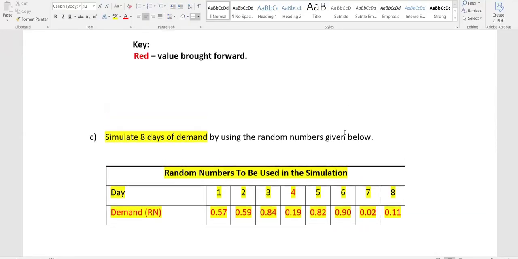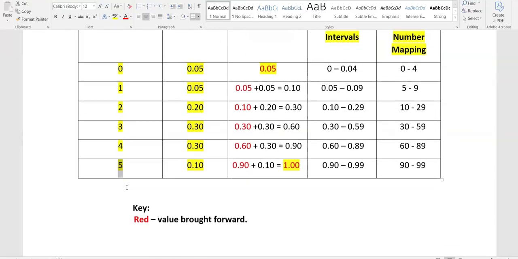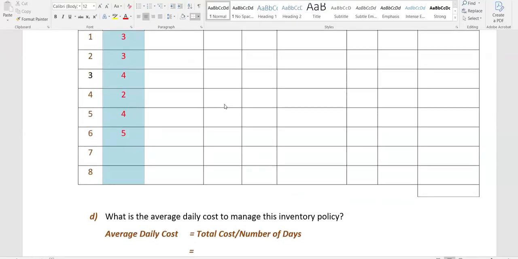So we go up to the random number intervals. We look where 0.9 falls. Good. And it falls at a daily demand of 5 units. Brilliant. Then we go back down to the table and we add 5 at day 6. Well done. Very good.